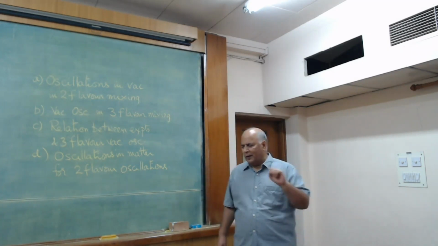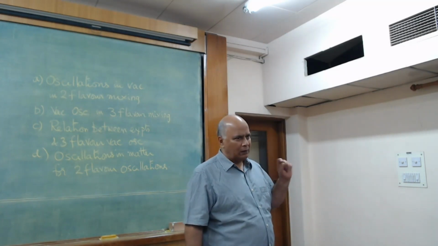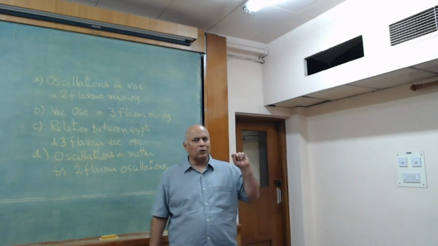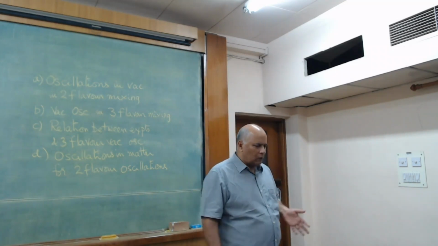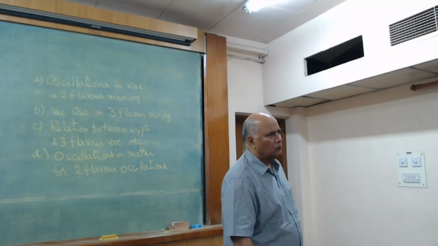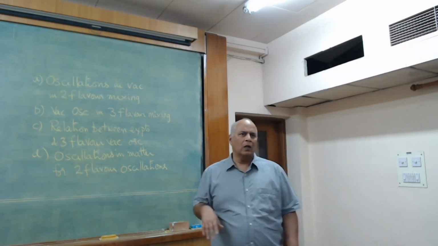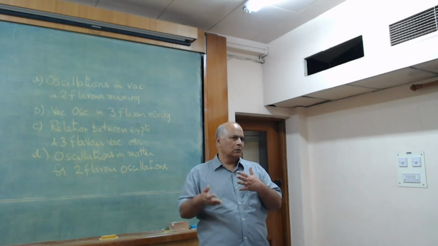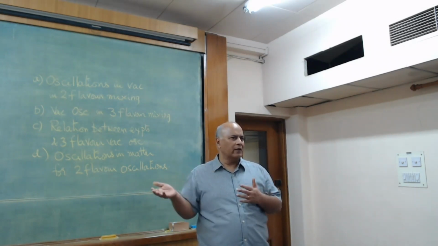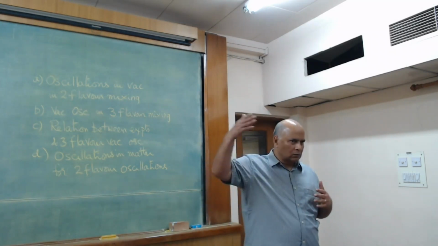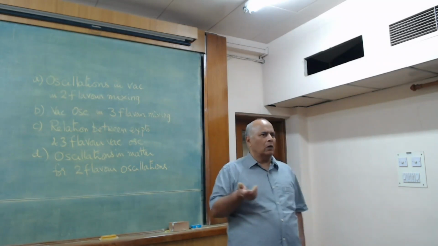But let me digress a little bit and talk about one important aspect of this solution to the cubic equation. When you solve quadratic equations, you have a square root of b square minus 4ac, and for some values of a, b and c, b square minus 4ac is positive, so one knew how to take the square root.